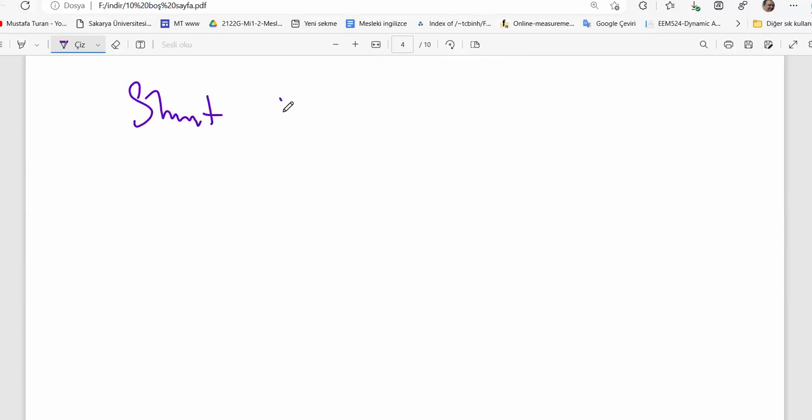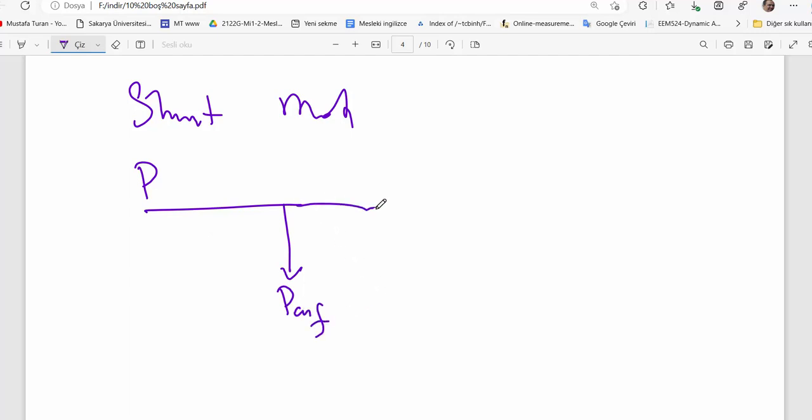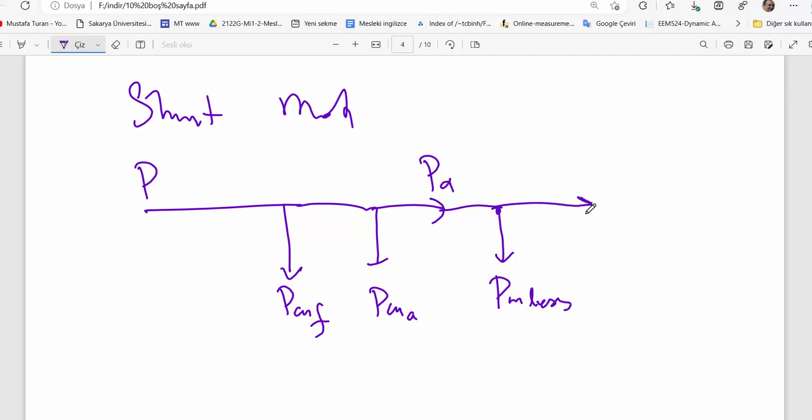Shunt motor. You supply electric power, and then here is copper loss in the field coil, here is copper loss in the armature, and then the rest of the power will be converted in the armature. Some mechanical losses will be dissipated here, and then here is mechanical output.